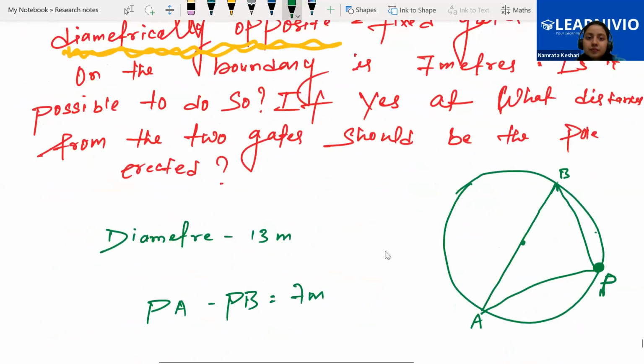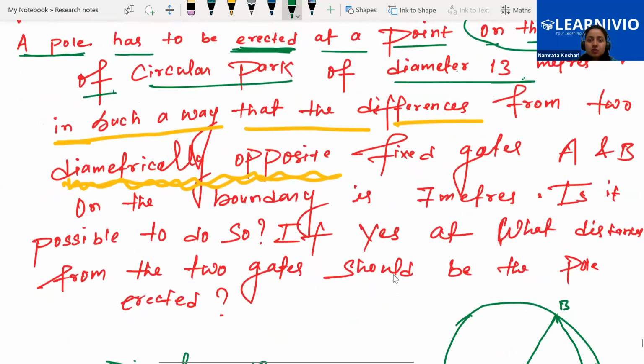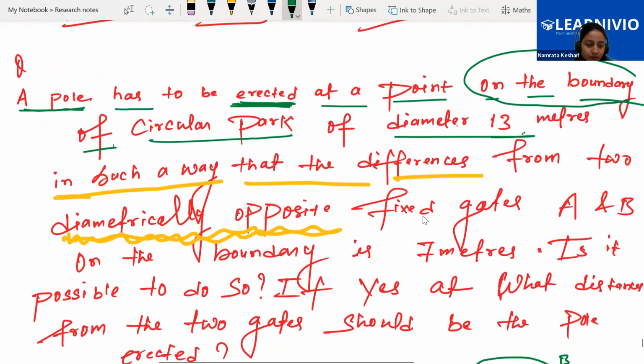Let me check the statement also. Have I written it correctly or not? Yes, differences is there, but let me write one word I have missed over here.